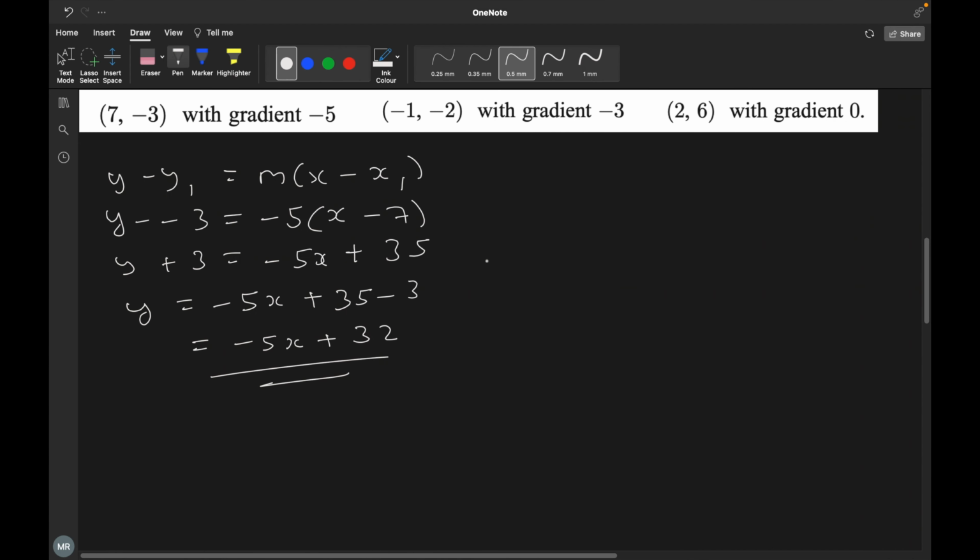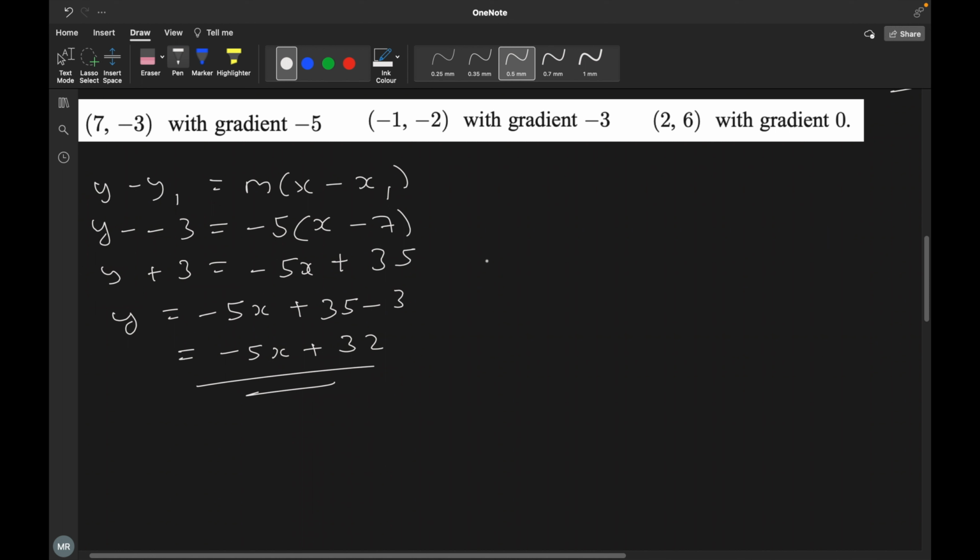Now let's solve the next one. Same formula. So y minus of minus 2 will be plus 2. Negative 3 into negative of negative would be plus. So now let's simplify this.